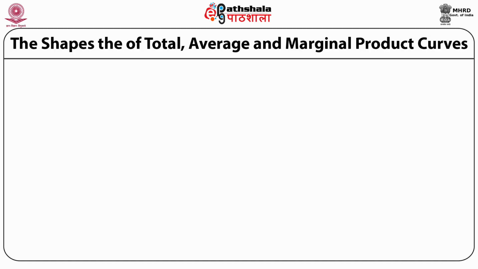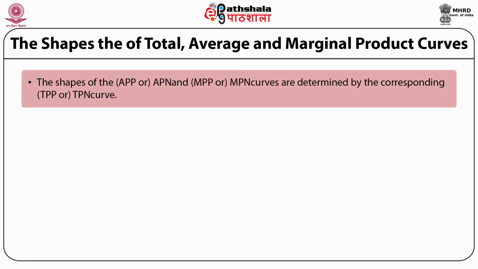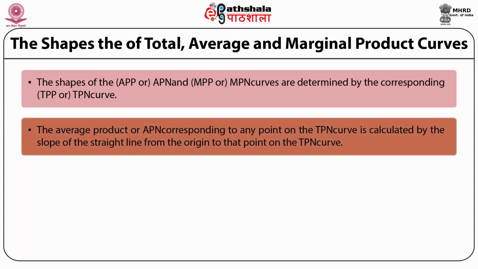The shapes of the total, average and marginal curves. The shapes of the APP or APN and MPP or MPN curves are determined by the corresponding TPP or TPN curve. The average product or APN corresponding to any point on the TPN curve is calculated by the slope of the straight line from the origin to that point on the TPN curve.